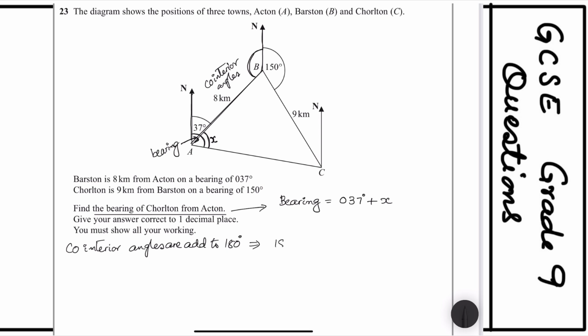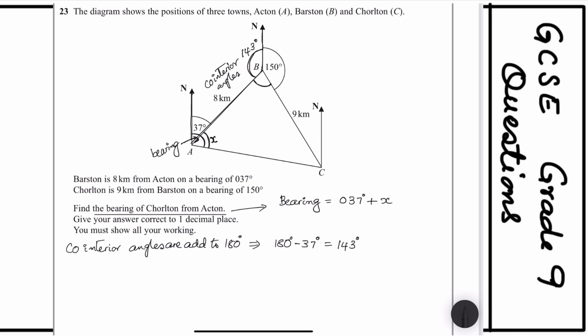So 180 minus 37, which is 143 degrees. That is the angle at B.